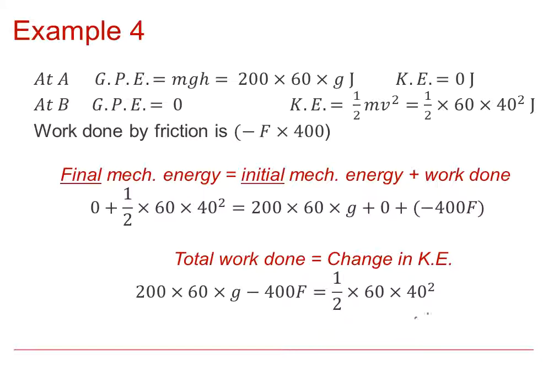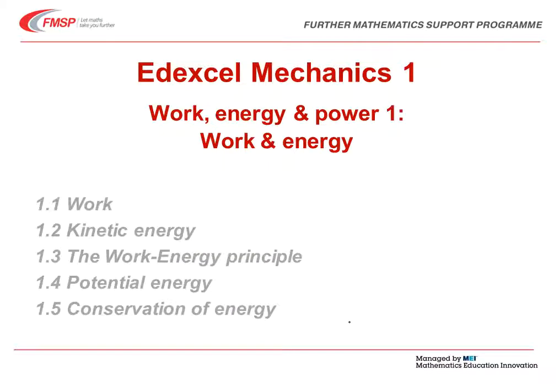In this method, we've got the work done by gravity, here we've got the work done by the resistance, and on this side we've got the change in kinetic energy. Both will give exactly the same answer for F. And that brings us to the end of work, energy and power 1.